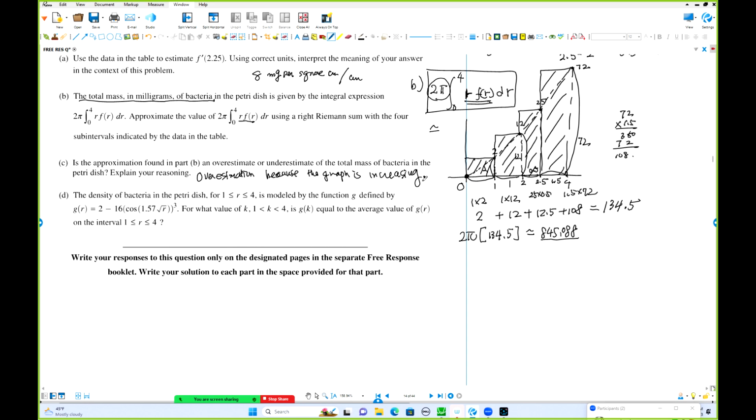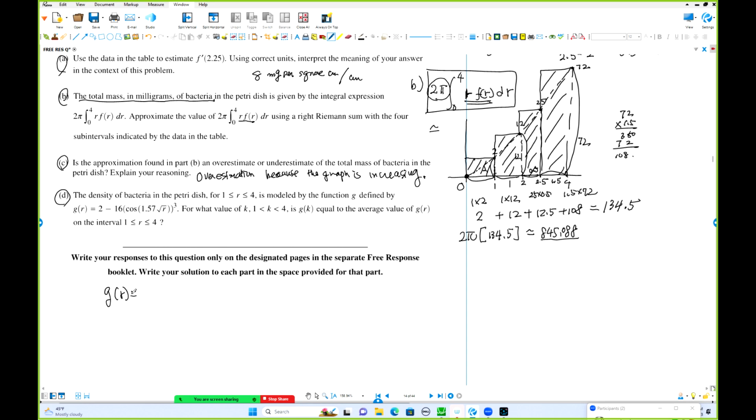The next one is number D. Okay, C, we did it. D is what? The bacteria in the petri dish for the radius between 1 and 4 is modeled by function G defined as... we have another function here, G of R. New function, okay?